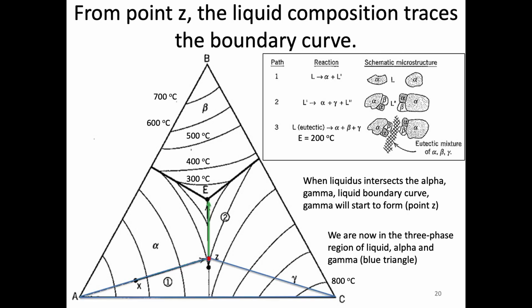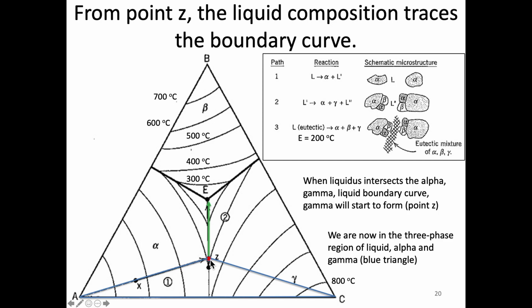And so at that point Z, if you recall, we just talked about there's 3 phases in equilibrium. And so I've also made this triangle here, right? So this, in essence, is the triangle that you could use to calculate phase amounts, right?